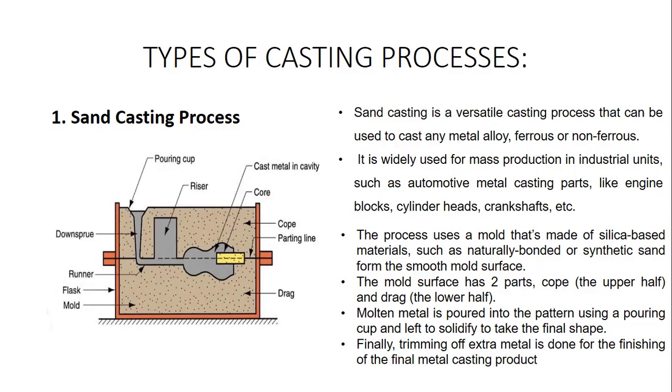When the molten metal is poured into the pouring cup, it solidifies internally to take the final shape of the product. Then at the last stage, the extra material is trimmed off and the finished metal casting product is ejected from the mold. So this is the simple mechanism carried out in the sand casting process.